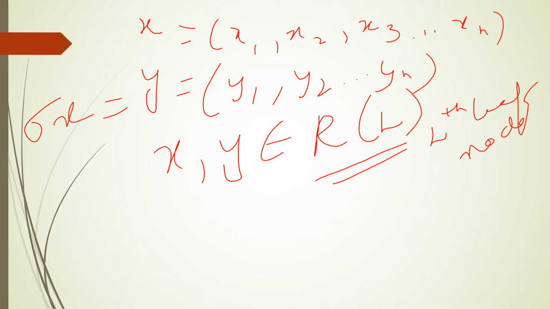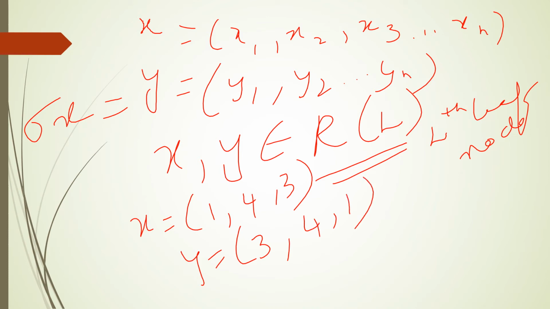For example, let's take x as 1, 4, 3, and y will be 3, 4, 1. They are the same numbers but a different permutation. Now let us see what we actually have to prove.